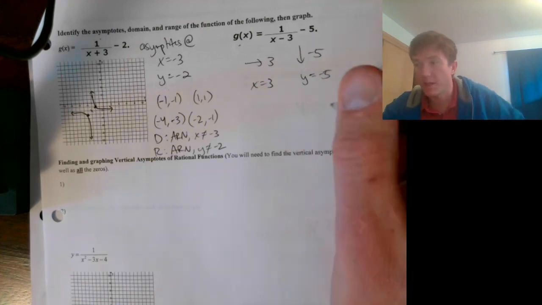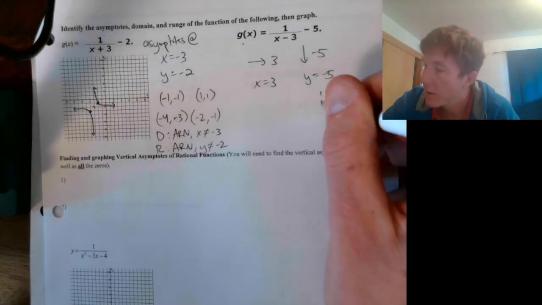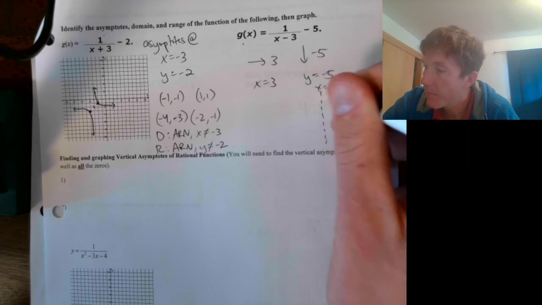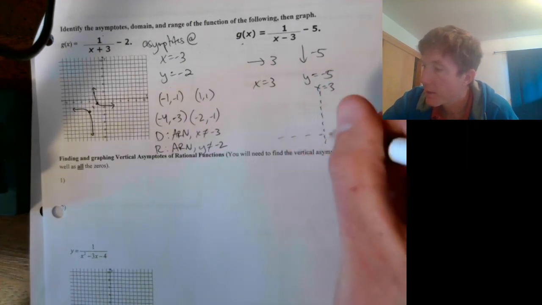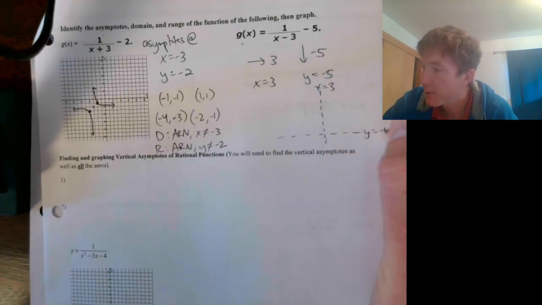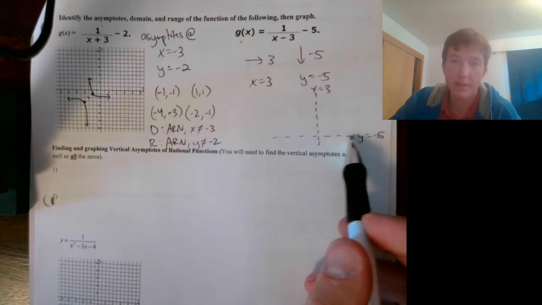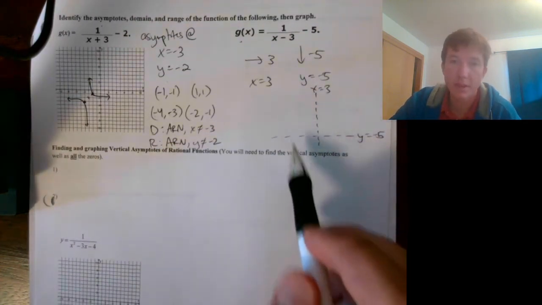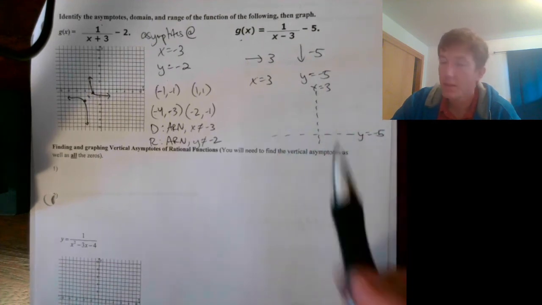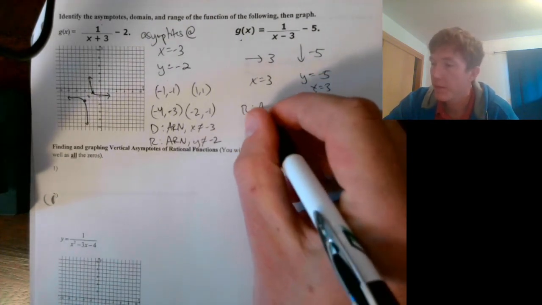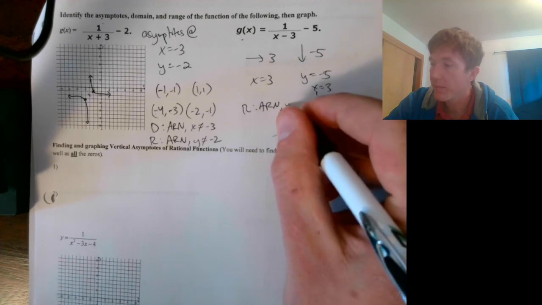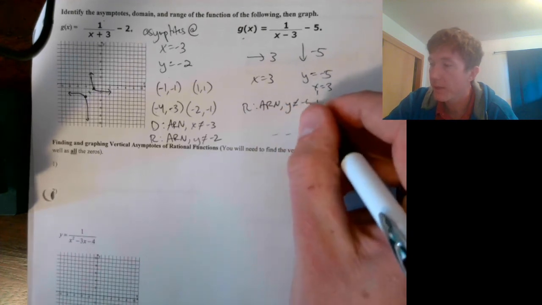Okay, so if you have an asymptote at x equals 3 and an asymptote at y equals negative 5, think of this line here as splitting up your range. Your range is up or down. So the range is going to be all real numbers, but y can't equal negative 5.